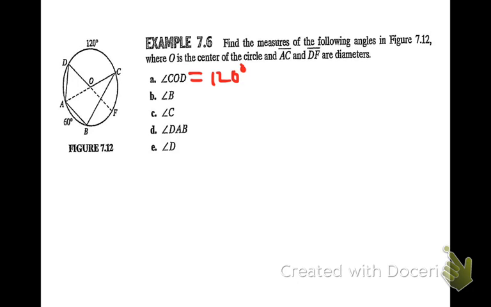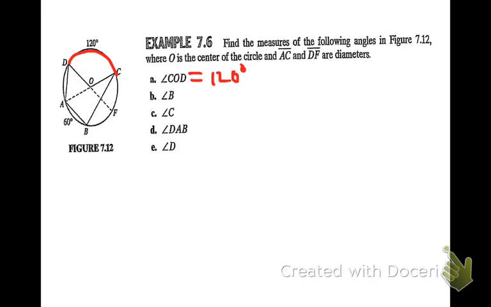What about the arc that it intercepts? It intercepts this arc, right? It's a central angle. What do we know about the central angle and the arc it intercepts? Bryant? Yeah, they're the same. It's the same as the arc it intercepts.